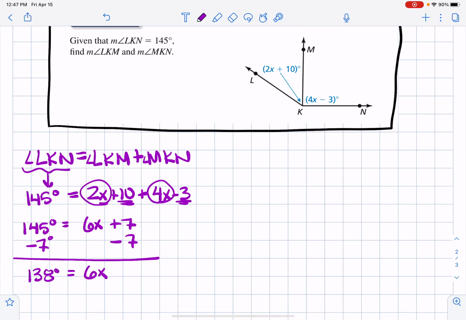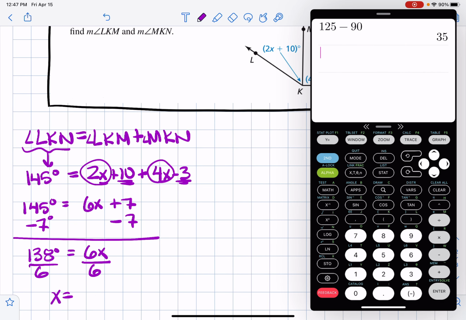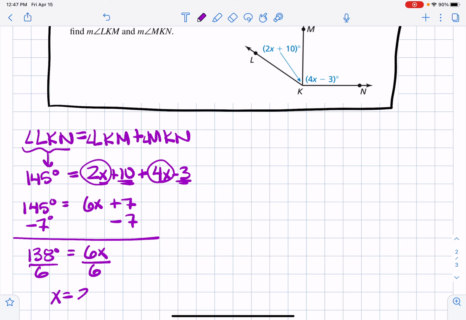And that's equal to 6x, and my job again is to isolate x, so I'm going to divide both sides by 6. If you don't know how to do this, of course you can use a calculator, 138 divided by 6, and you're going to get 23. So x is a value of 23.